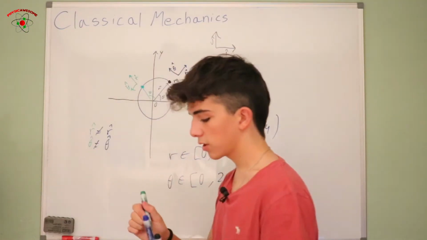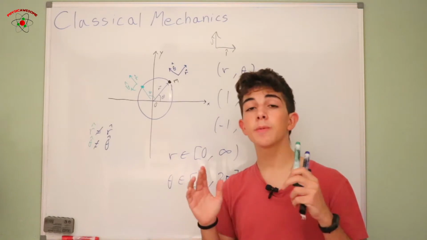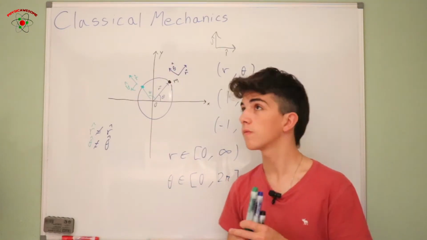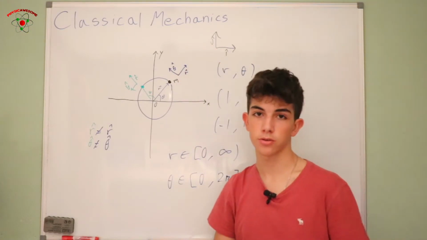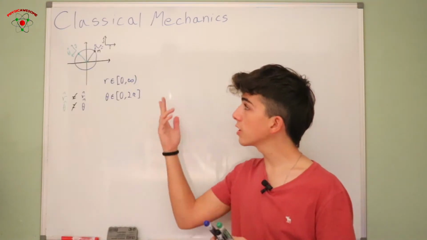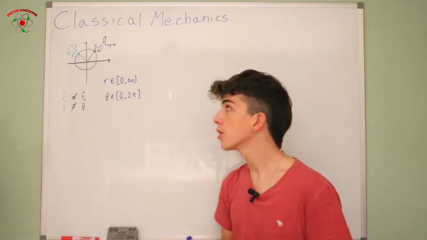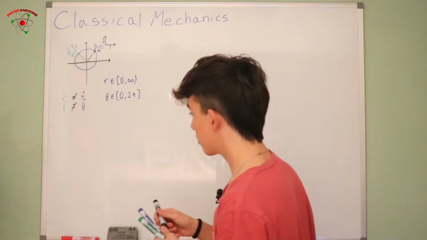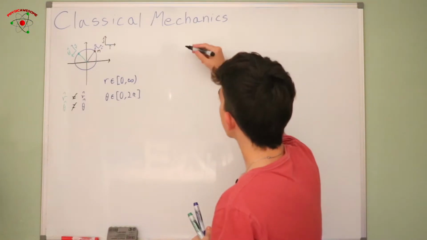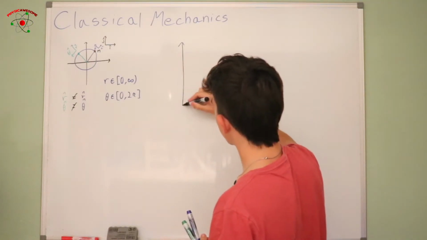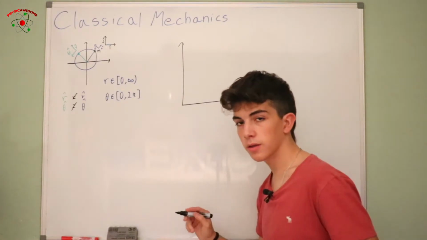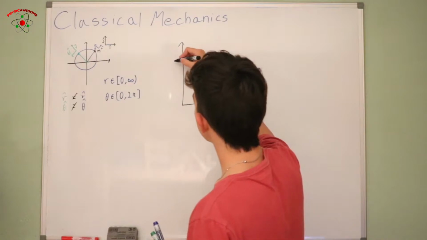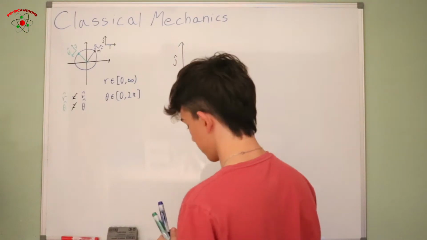To understand this, it will be useful to express our new unit vectors in terms of our Cartesian unit vectors. We will draw a small diagram for our theta angle, and we'll draw it big. Let this be the i hat vector and this over here be the j hat vector.